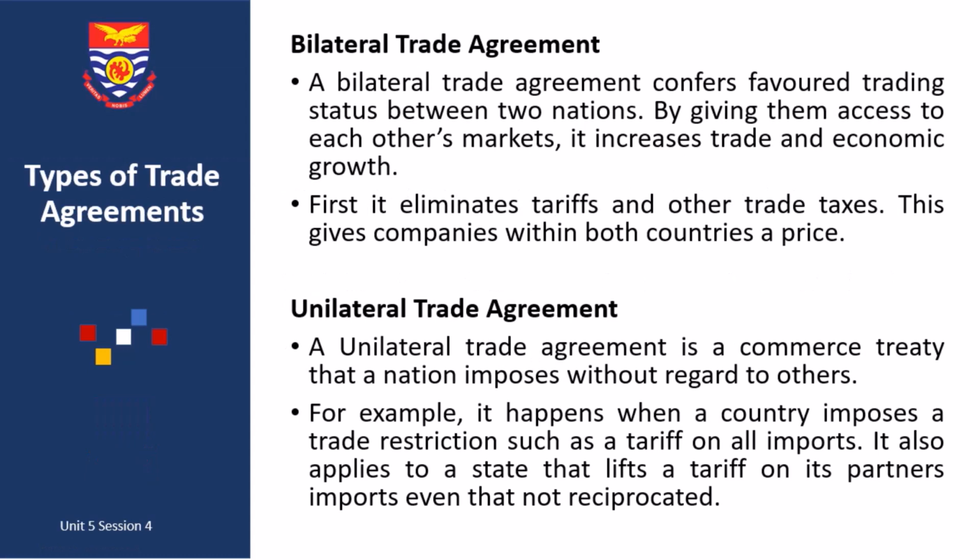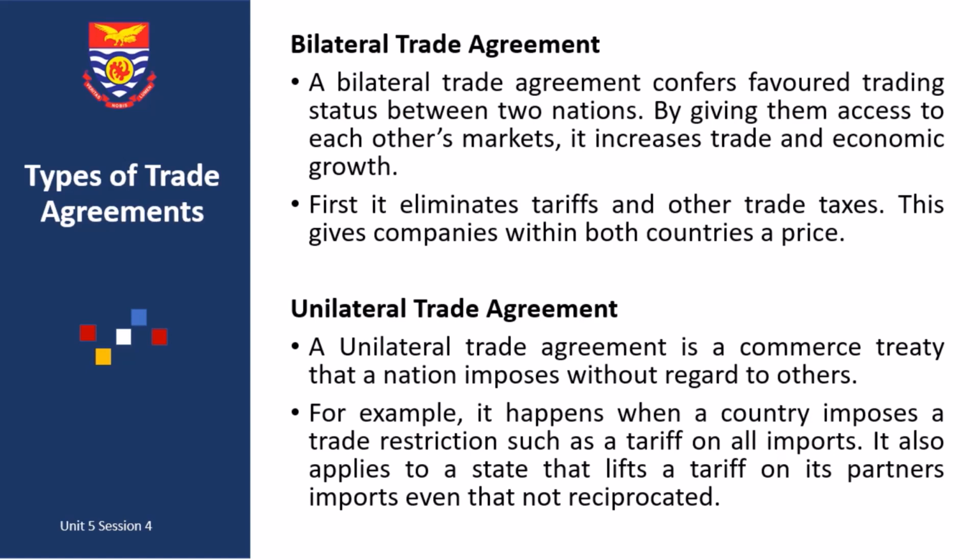So there are some types of agreements. We have the bilateral trade agreements and then unilateral trade agreements. A bilateral trade agreement confers favored trading status between two nations by giving them access to each other's markets, which is necessary for trade and economic growth.